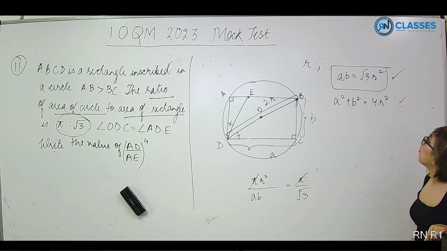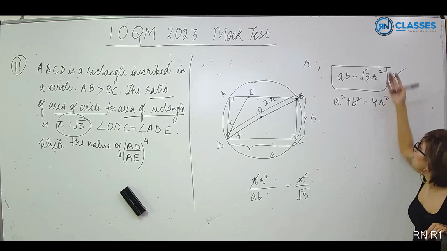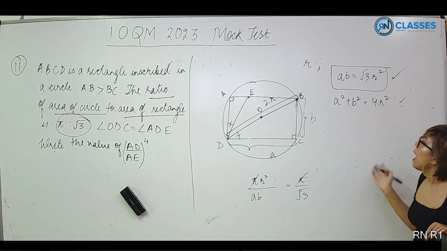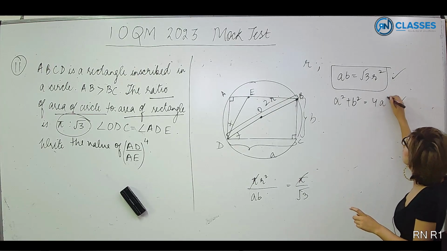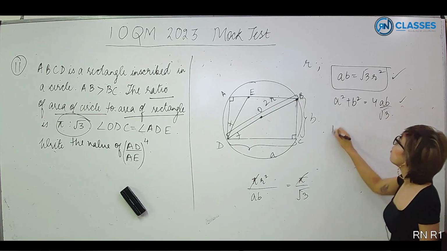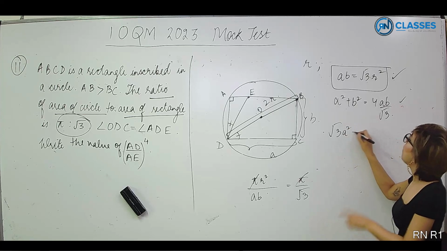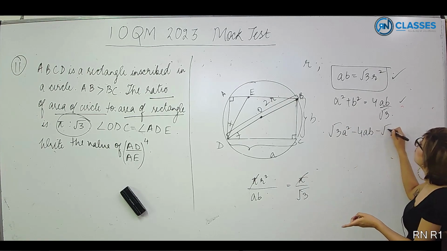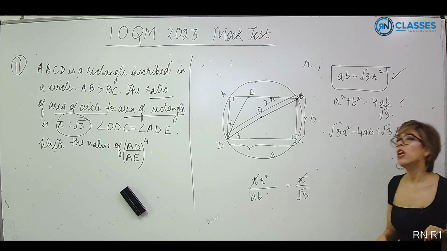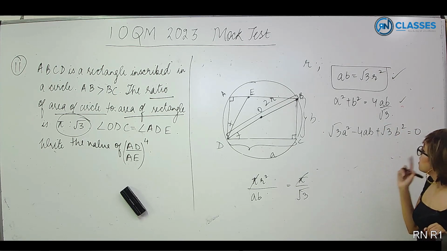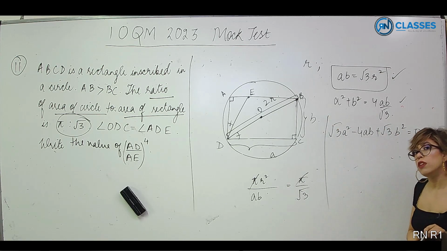Cool? So what I'll do is take the value of r square from here and substitute here, and I will get r square is nothing but AB by root 3. So I'm getting this equation: root 3 A square minus 4AB plus root 3 B square equals 0. Done. Now if I notice carefully, I know the factors of this equation.